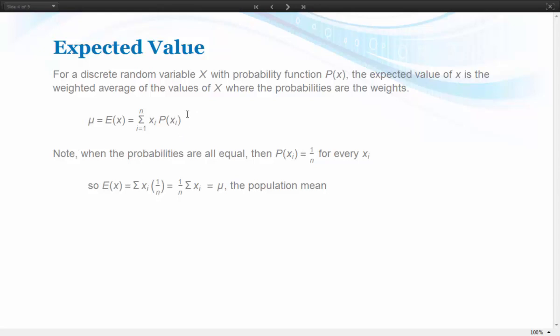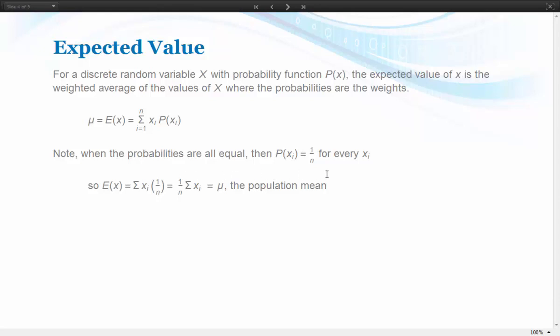Now this may look a little strange, but when the probabilities are all equal to each other, when I have n different values, all of equal probability, then that probability must be 1 over n. So the expected value would be the sum of each of the values times its probability, but since 1 over n is the same for every term, I can pull it out of the sum. That's 1 over n times the sum of the values, or in other words, the total divided by the count.